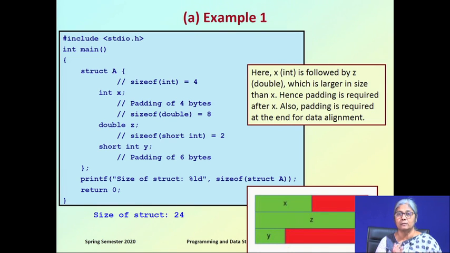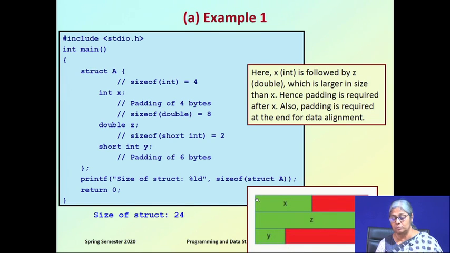Normally, for simple variables that are not members of a structure, the size of one integer, one double and one short int would simply be 14 bytes. But if it is a structure, then it is actually 24, because of the largest member. So padding is added so that there will be no alignment problem.